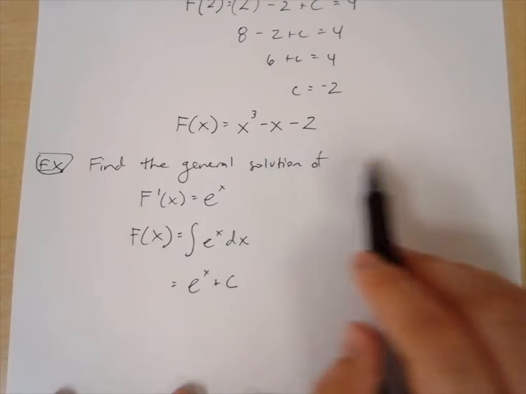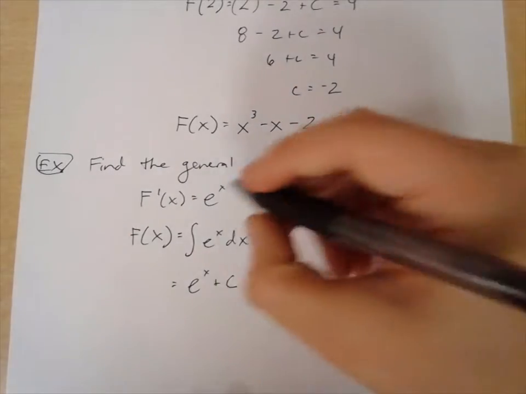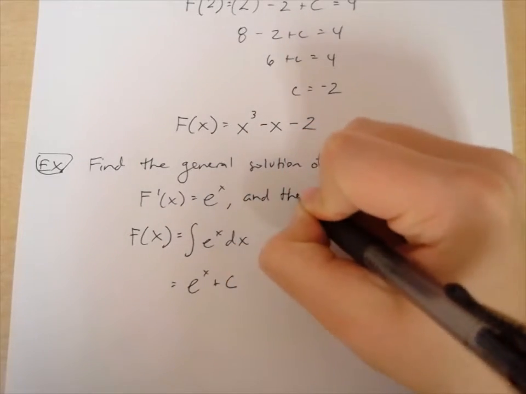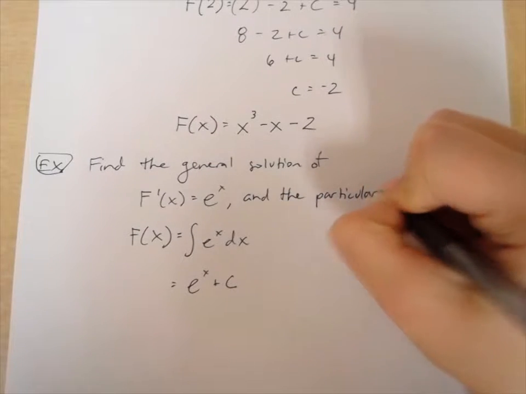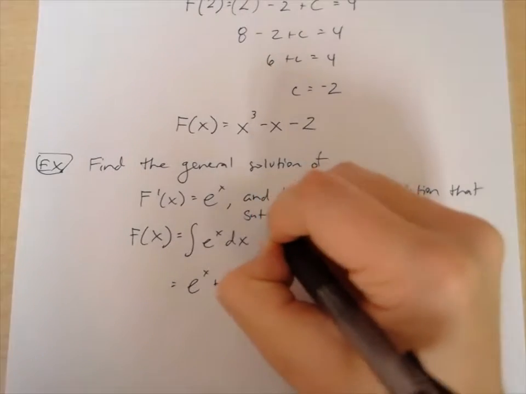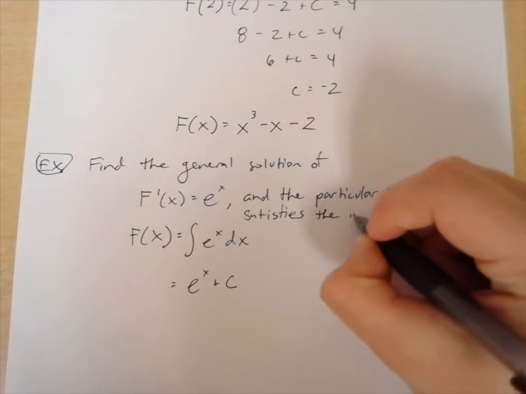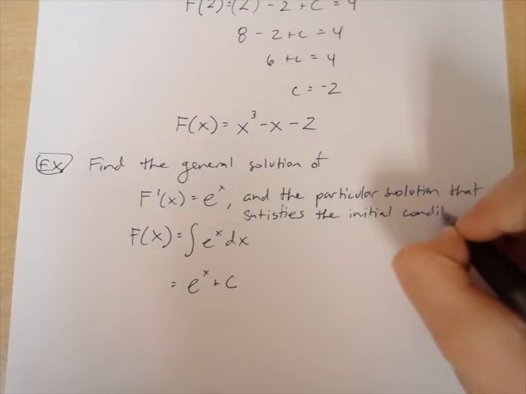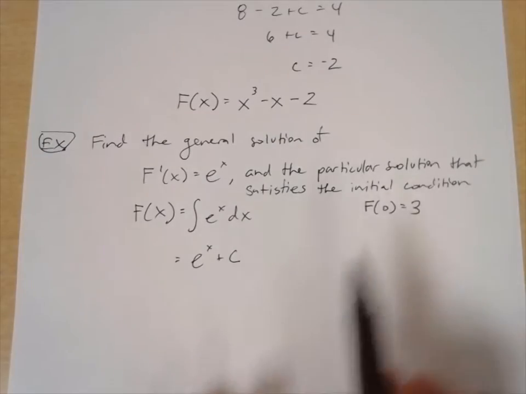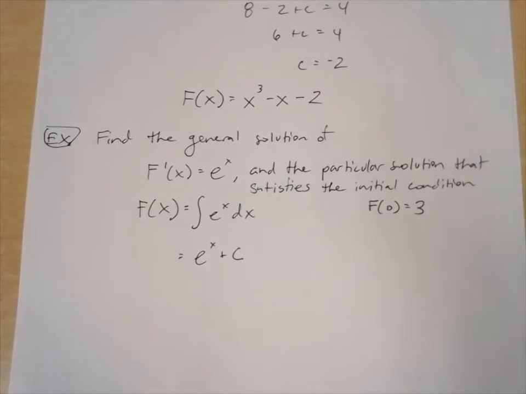This is the general solution, but the question said find the general solution of F prime of x equals e to the x, and the rest of that question asks for the particular solution that satisfies the initial condition that F of 0 equals 3. Okay, so we really have done the first half of this question already. We found the general solution, and now we're going to use this initial condition to find a particular solution.